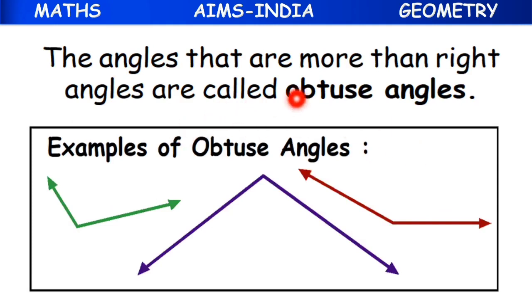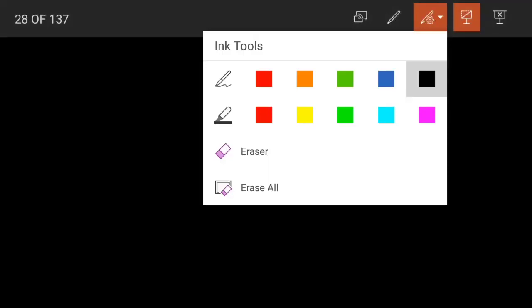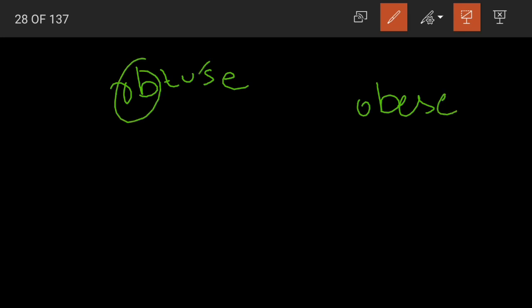Now the angles that are more than the right angles become obtuse angles. Now what is this word here? Obtuse, O-B-T-U-S-E. Now in English we have another similar word, that is O-B-E-S-E. O-B-S-E is common here, right?